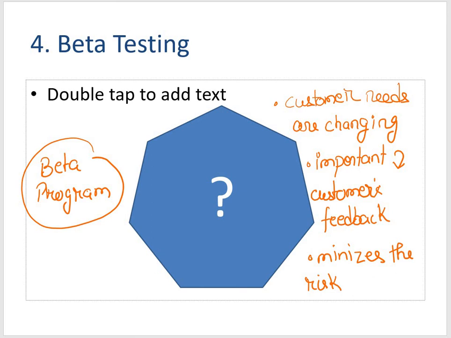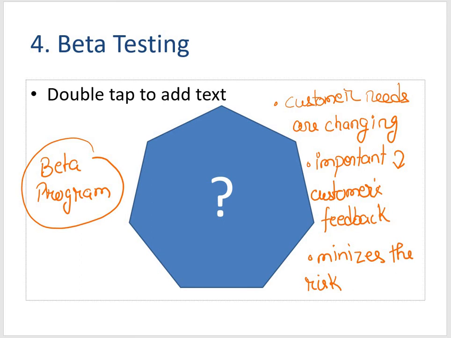See, because a product is in beta version for a fixed specified duration of time, right? Your Chrome was in beta program for a year or two, right? Similarly, just this JioMart, I can see that still it is in beta version. So they are continuously collecting the feedbacks and incorporating those appropriate changes, right?